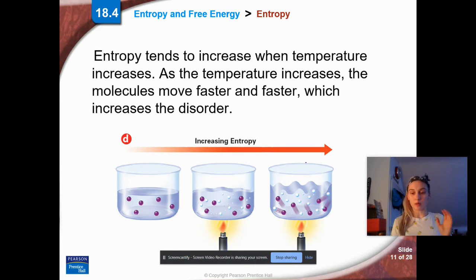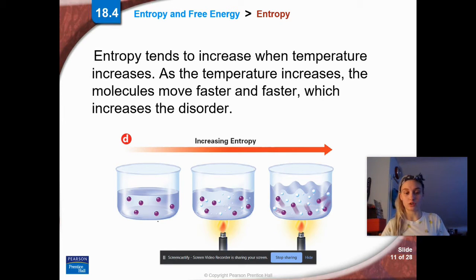Solids are going to have a low temperature because there's really low energy, but something like a boiling liquid is going to have a much higher temperature because those particles have really high energy, right? So as the temperature increases, the molecules have more energy, and more energy makes more disorder, okay? So as we increase the energy, we're increasing the temperature, and as the temperature increases, so does entropy.